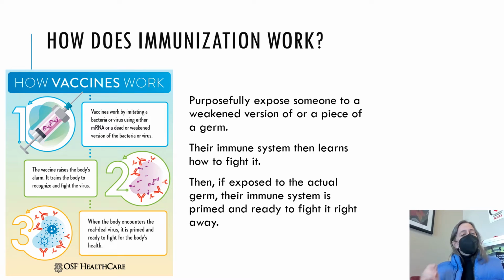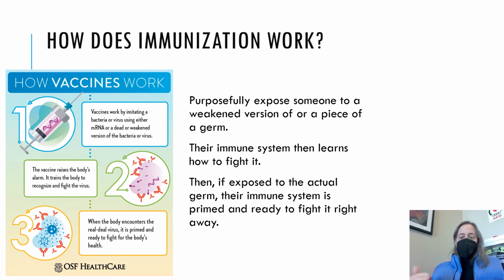Our immune systems are really amazing, but it takes them time. It usually takes them 5 to 10 days to start developing antibodies against any one particular germ. And it can take them even longer to develop some of the more nuanced tools that they have to fight infections, like T-cell responses.